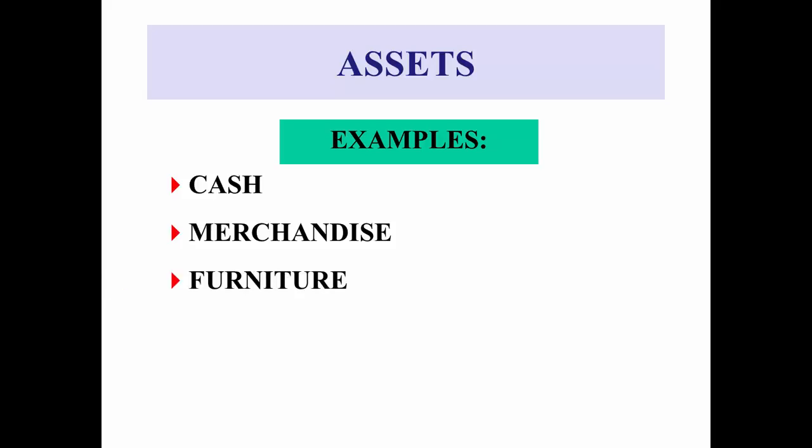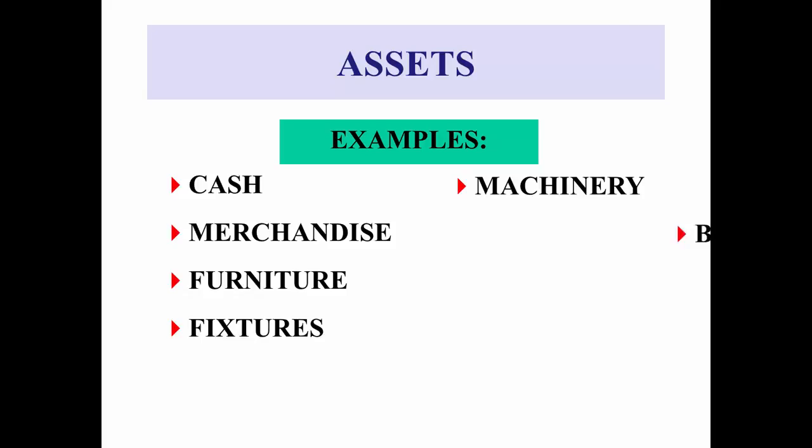We might own some furniture and fixtures in the store. The business might purchase and own some machinery and equipment of various kinds, including things like computers. The business might own some buildings and some land.